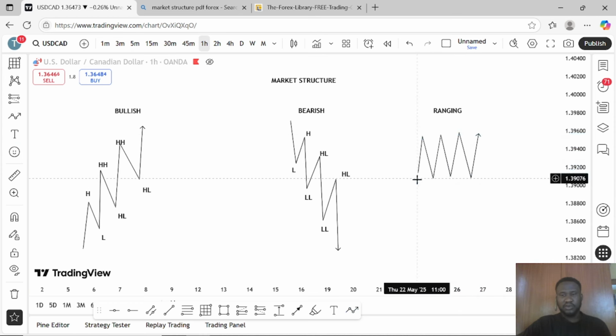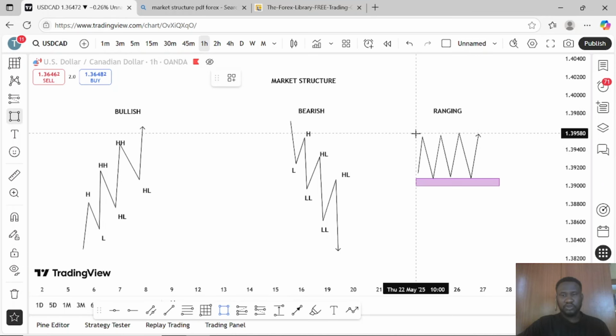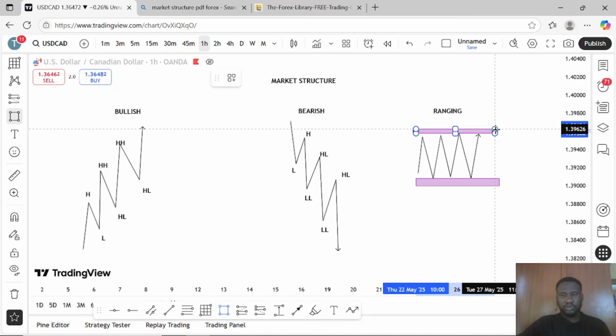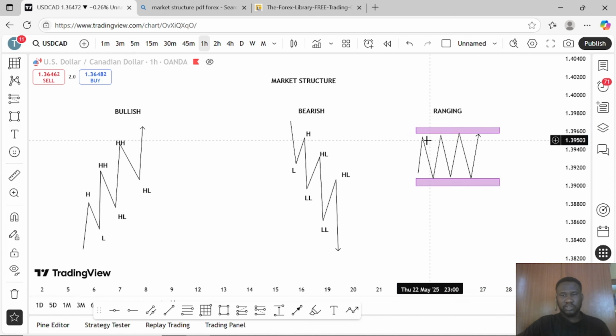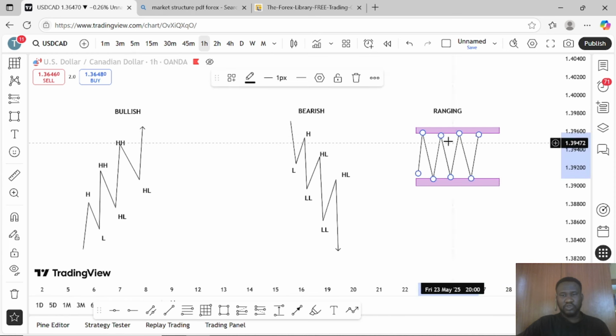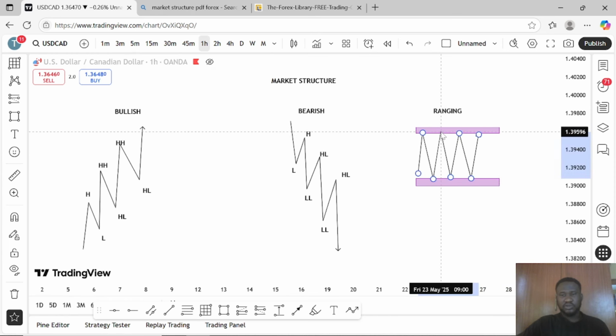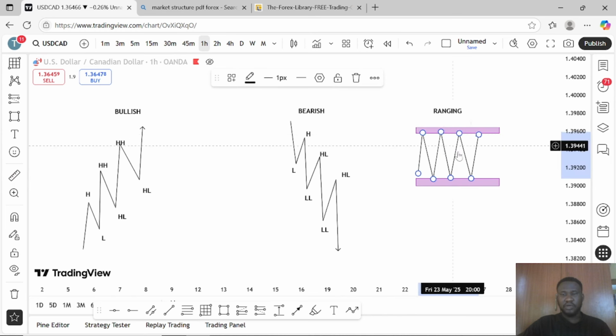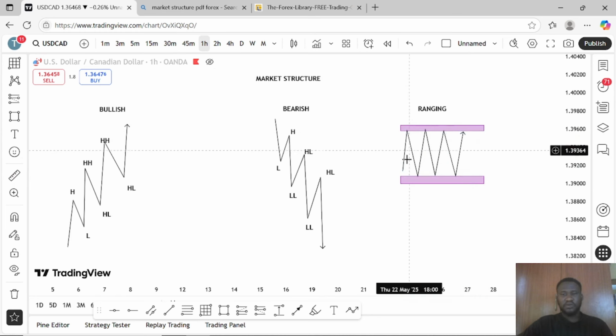When you have a structure this way, as it is coming to this supply zone here, it's also coming back to the demand zone, then vice versa, going back. This is what we call a ranging market.